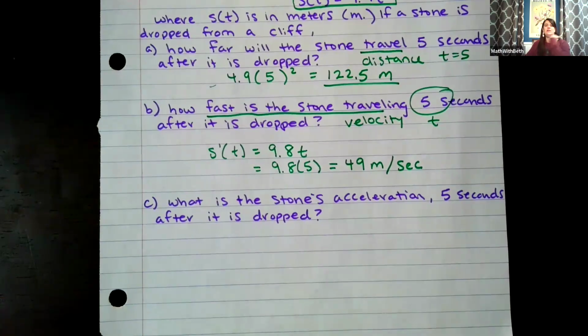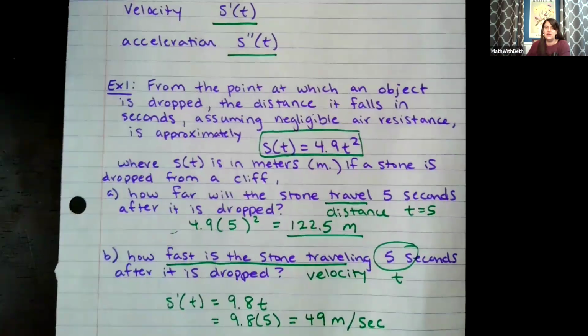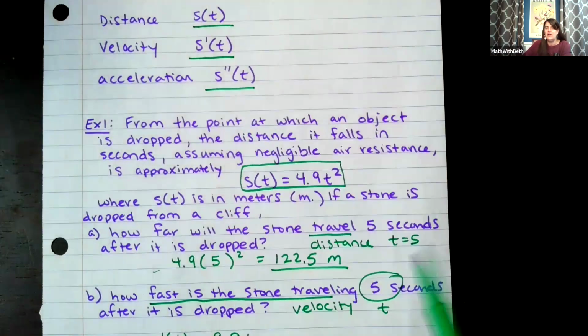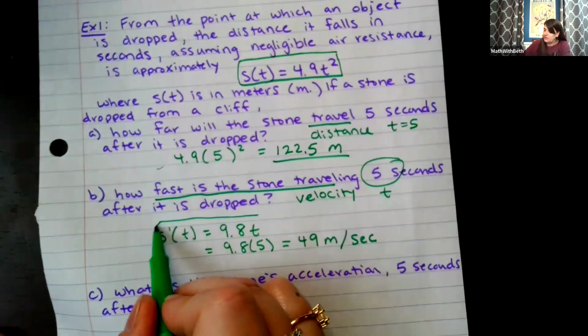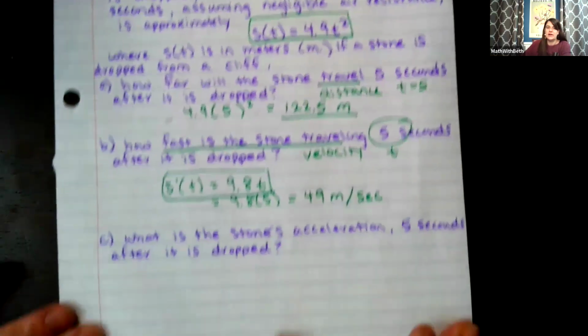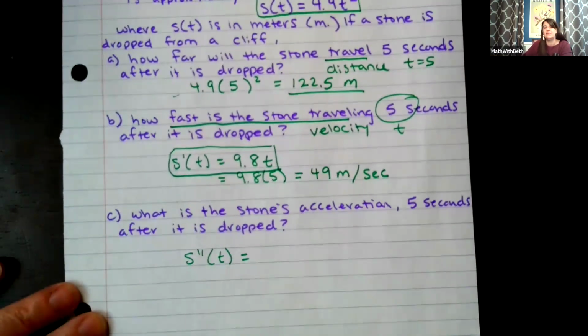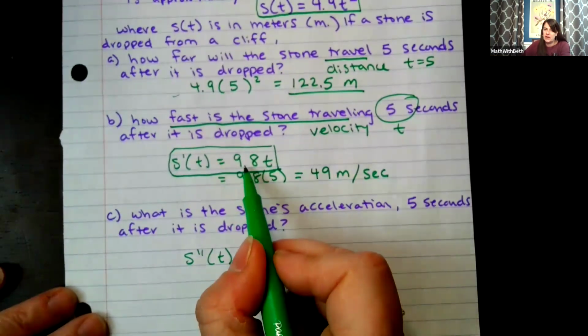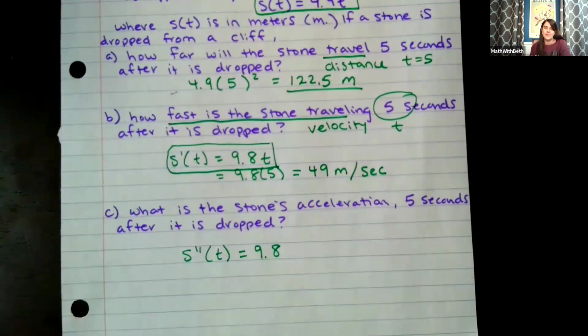And then finally, what is the stone's acceleration? So acceleration is the second derivative. So here was my original. Here was my first derivative. So I now need to take the derivative again to get the second derivative. So the derivative of 9.8t would just be 9.8.